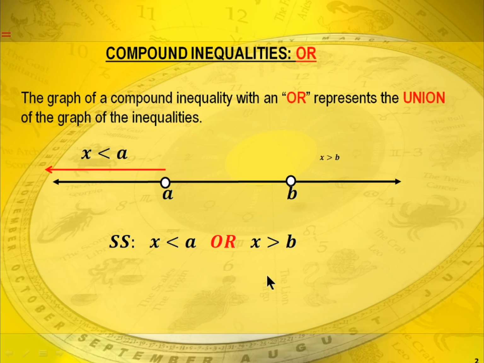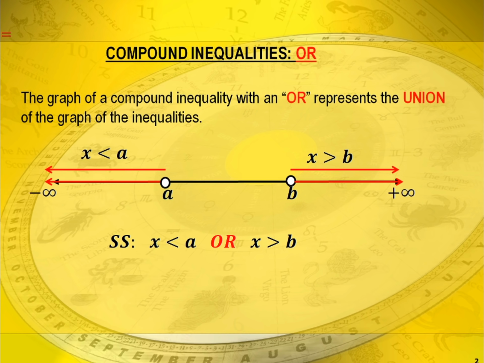Let's go to the graph of x greater than B. That's the graph, from point B to positive infinity. Now what's the solution set since we're using "or"? The solution set will be from negative infinity going to A, and from B to positive infinity.